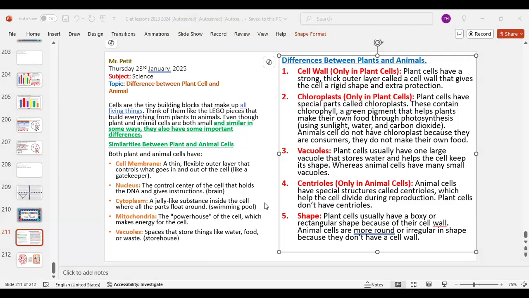You can't see your grade? Oh, wow. Let me put it so that y'all could see your grades. Madeline, can you see your grade? No, sir. Okay.